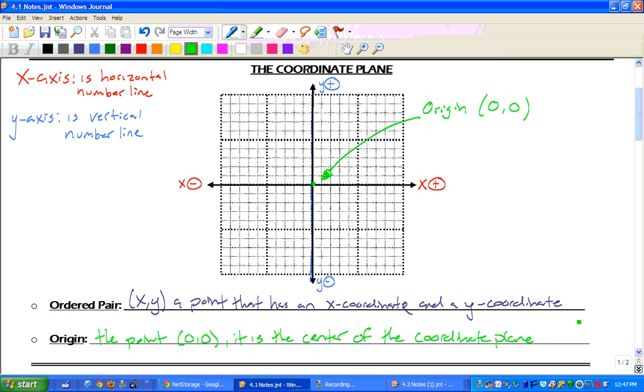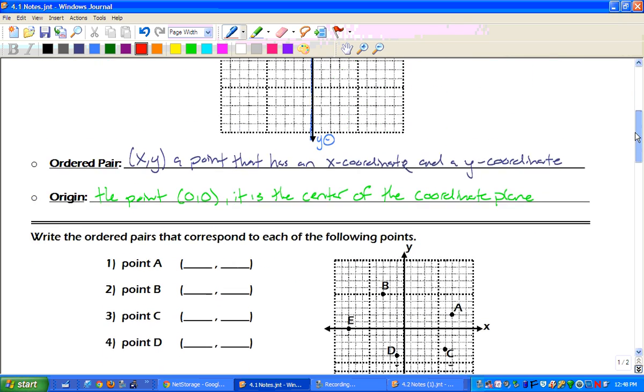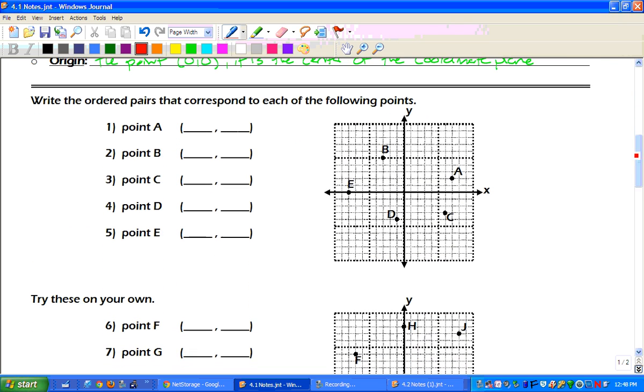Okay, so a couple reminders. The x-coordinate, the x goes from left to right, that's horizontally. Y's tell you up and down. The origin is the middle, and an ordered pair kind of tells us where to go. The ordered pair is the direction of where we're supposed to be going.